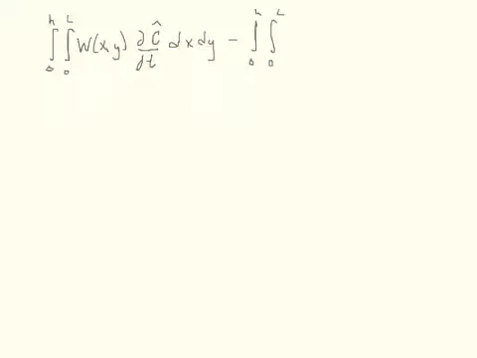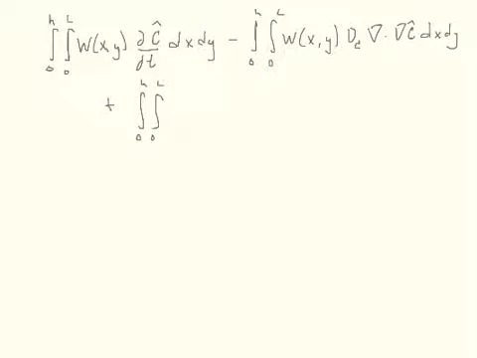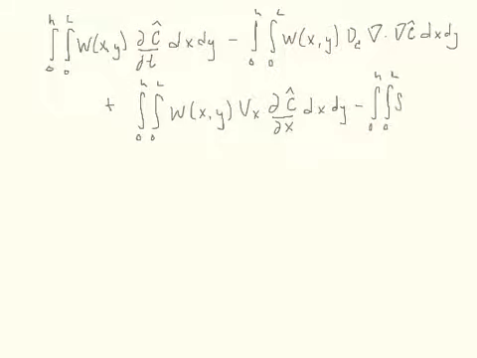Now our weighted residual equation will look like the integral 0 to h, 0 to l, of w(x,y) dĉ/dt dx dy, minus the integral 0 to h, I'm rearranging them a little bit, bear with me, of w(x,y) D sub d del dot del ĉ dx dy, plus the integral 0 to h, 0 to l, of w(x,y) Vx dĉ/dx dx dy, minus the integral 0 to h, 0 to l, of f w(x,y) dx dy.